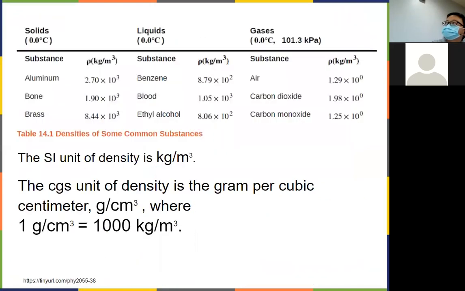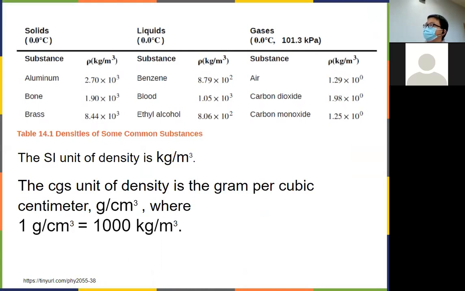Okay, so the SI unit for density is going to be kilogram per meter cubed, because mass should be in kilograms and volume should be in meters cubed. Now there's another unit you guys may encounter often. It's called CGS units, that means centimeter-gram-second units, instead of SI units.